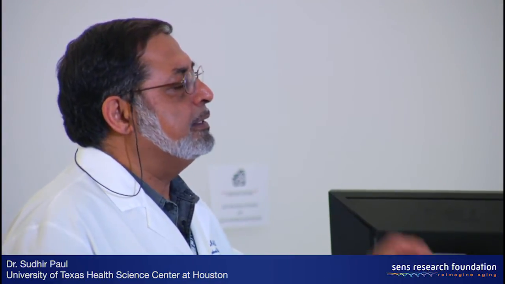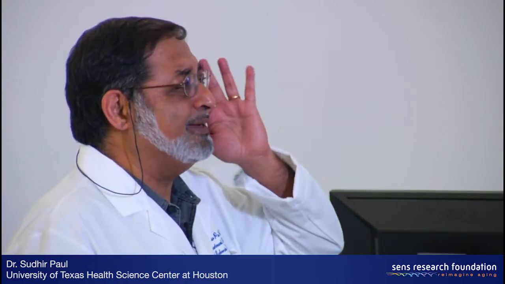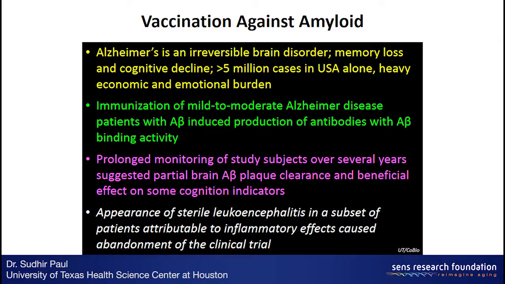So indeed, this is what inspired Elan to attempt vaccination against amyloid beta peptide. They immunized humans. This was a phase 2 clinical trial that I'm describing in this slide.